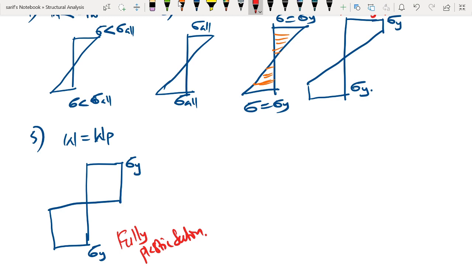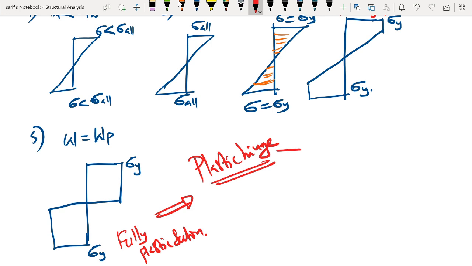And when a section is fully plastic, we say that it has formed what is known as a plastic hinge. Okay, when a section is fully plasticized, it has formed a plastic hinge, and this plastic hinge has large rotational capacity.